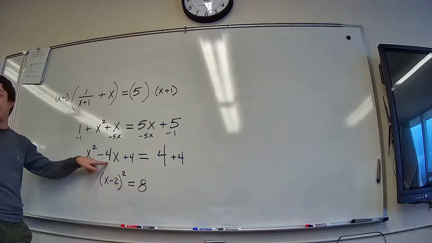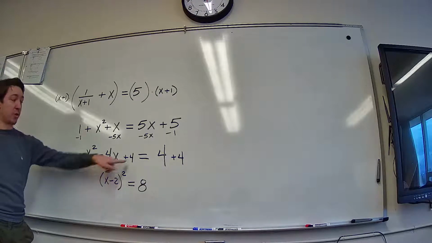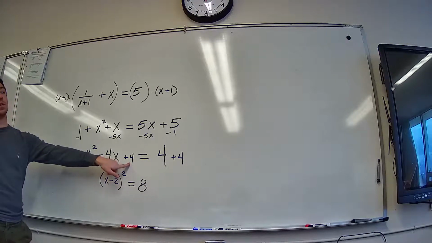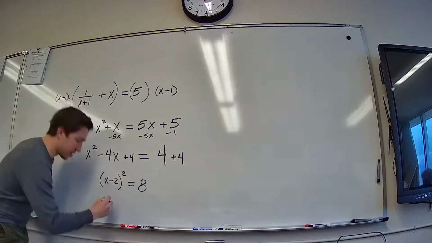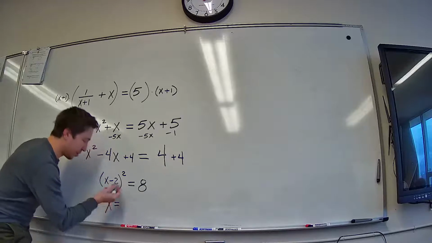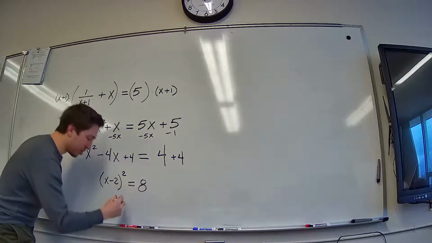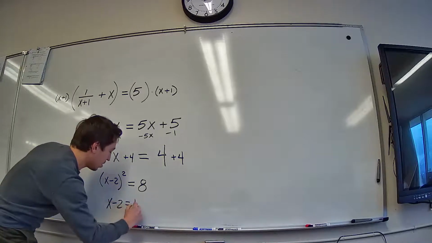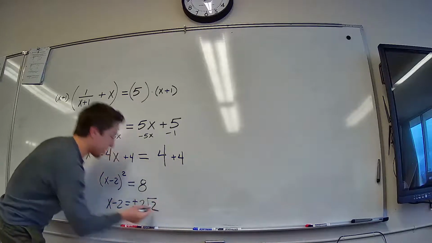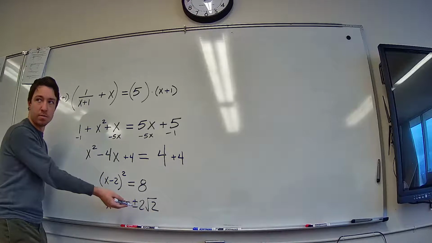Half of 4 is 2, and 2 squared is 4. Anyway, this is my completing the square method. So the answer with completing the square would be x minus 2 equals plus or minus the square root of 8. Everyone okay with that? The square root of 8 is 2 root 2.